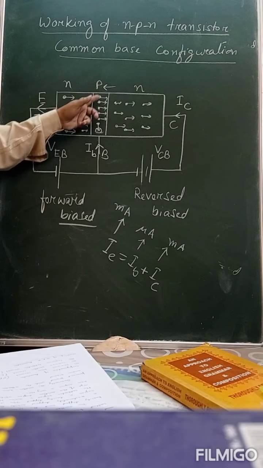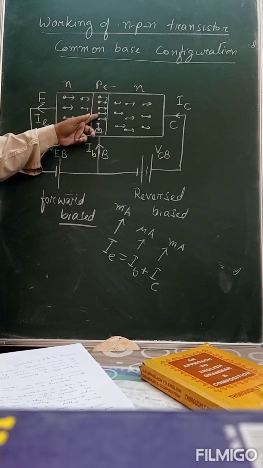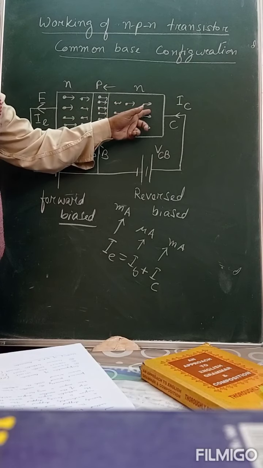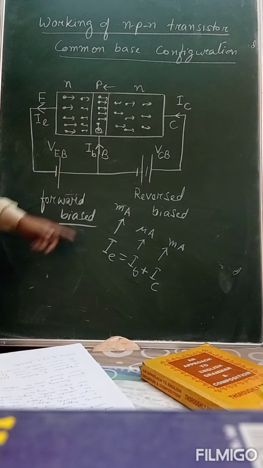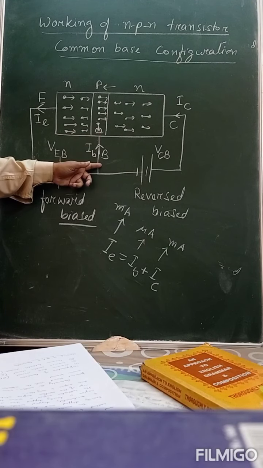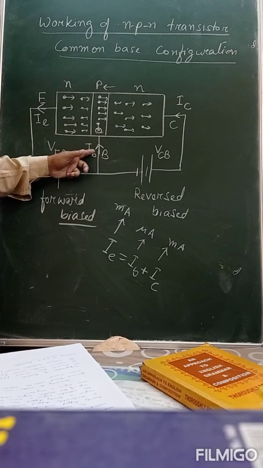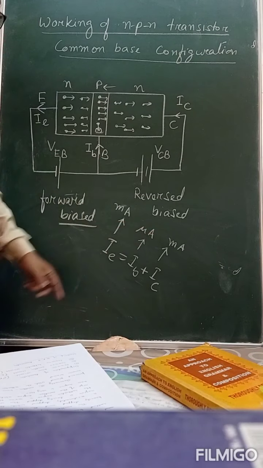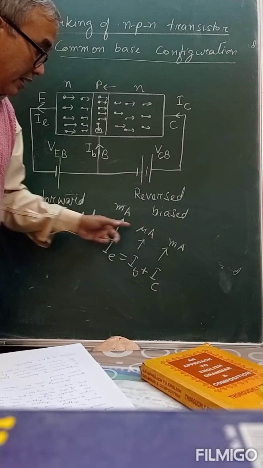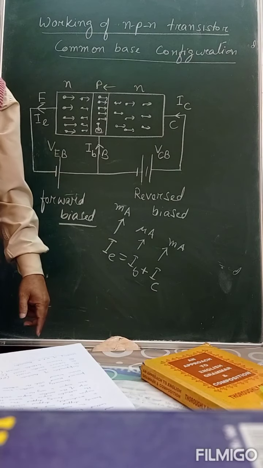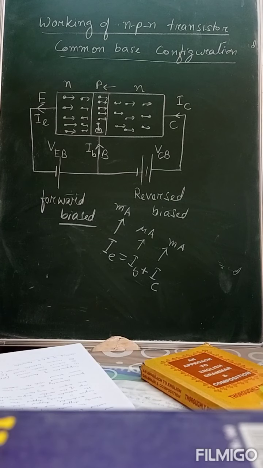What happens to the remaining 9 electrons? These remaining 9 electrons reach the collector region, since the collector base junction is reverse biased. Since there is very low electron flow in this part, the base current comes in the order of microampere, and emitter current and collector current come in the range of milliampere each. So this is the function of an NPN transistor.